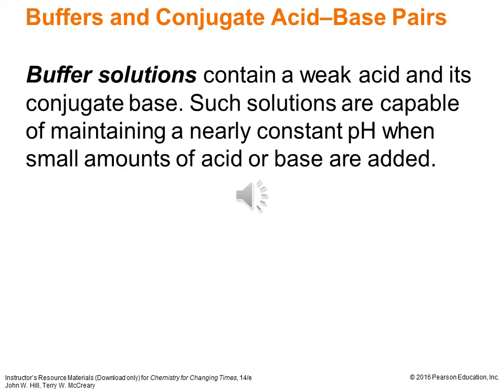So you're resisting large pH changes by allowing that weak acid and conjugate base equilibrium to shift instead of having the additional acid cause a large increase in H3O+ concentration or additional base causing a large increase in OH- concentration. You're keeping it moderate by allowing them to interact with the weak acid or its conjugate base in the buffer.